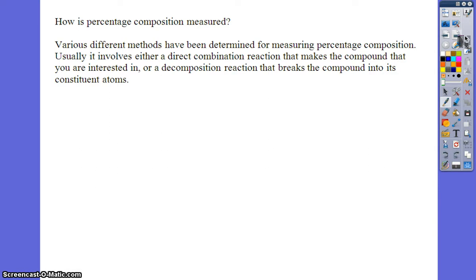Or what we'll be doing in lab is forming a chemical through a direct combination reaction, and you can then figure out how much of each element went into that reaction, so you can figure out by that what portion of the entire mass is each element.